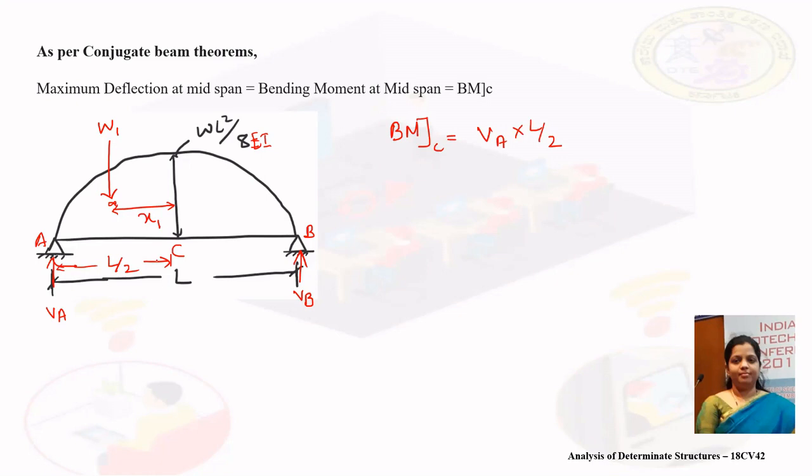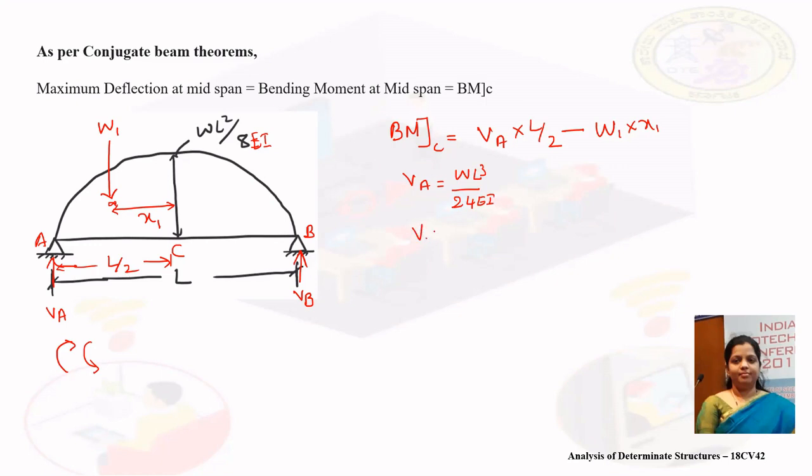Since VA into the distance AC is creating a clockwise moment, it will be positive. W1 and X1 is creating anti-clockwise moment at point C. Therefore, I will consider it as negative. VA, we already know that value, WL cube by 24 EI.